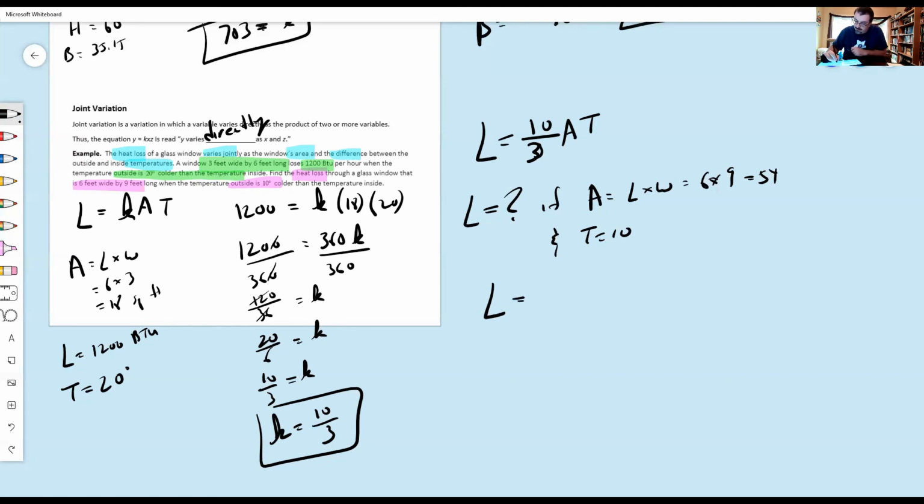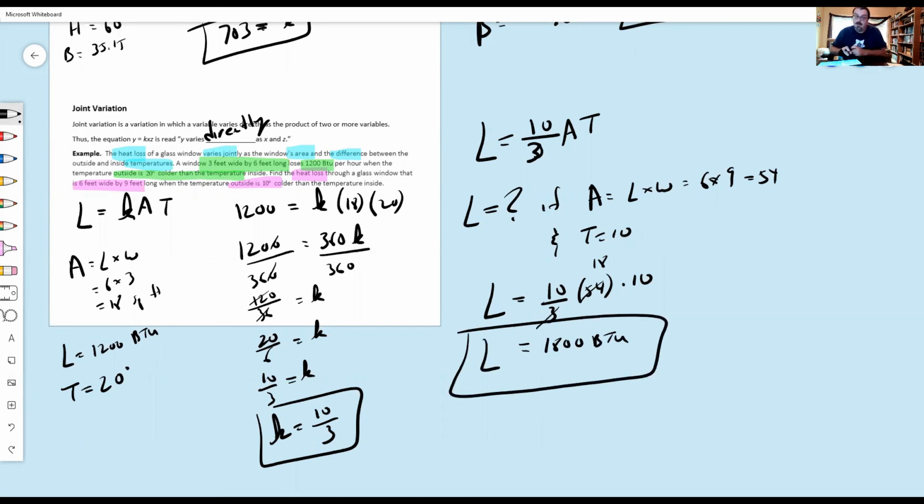So L equals 10 thirds times 54 times 10. 3 goes into 54 18 times. So you have 10 times 18 times 10. So 100 times 18 makes this 1800 BTU. There you are.